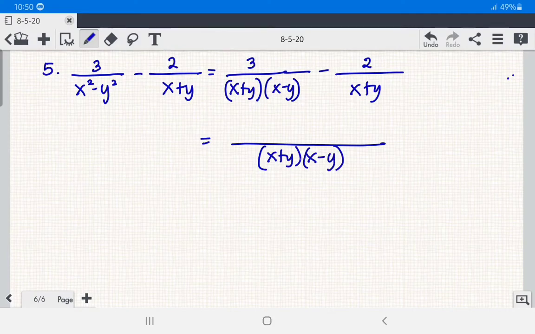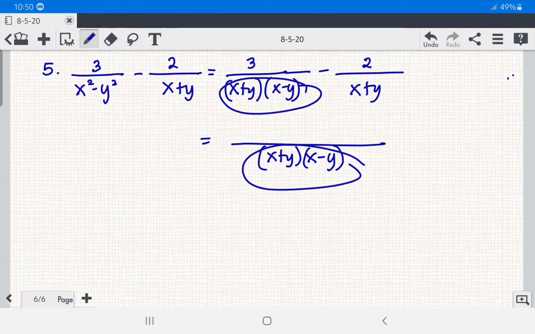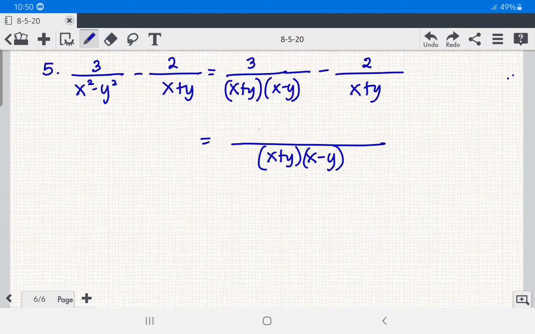Then, we all know that the LCD is x plus y times x minus y, right? Let us now divide. x plus y times x minus y divided by x plus y times x minus y, so that is 1, right? Times 3, so we have 3.